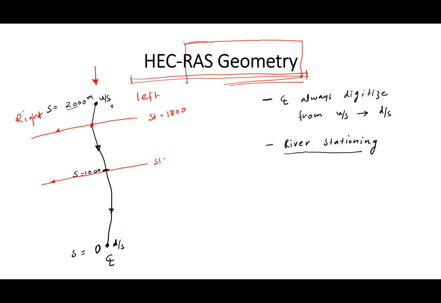This station has 1000, it's a midpoint, and let's say I digitize another cross section here, and maybe this is 350. So cross sections are always digitized from left to right looking downstream.